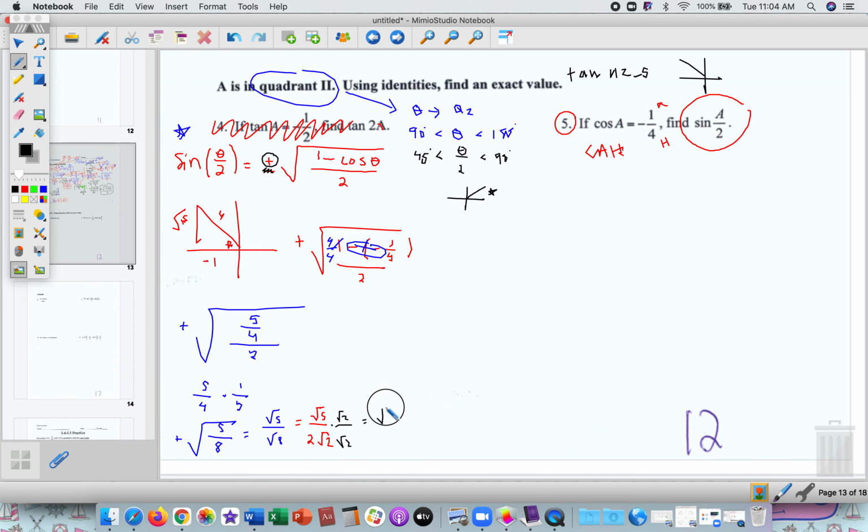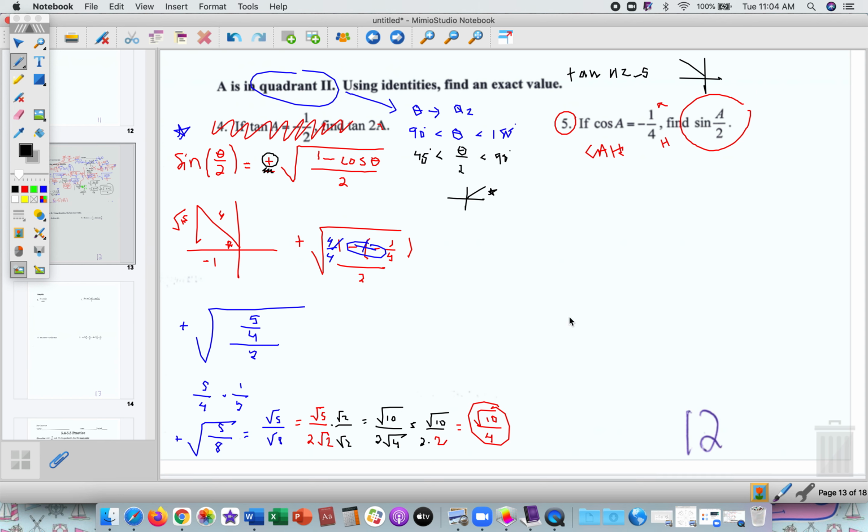On top, we have the square root of 2 times 5, which is square root of 10, and we can't simplify that. In the denominator, we have 2 times the square root of 2 times 2, or 4, and square root of 4 is 2. So we get square root of 10 over 4. And that's our final answer.